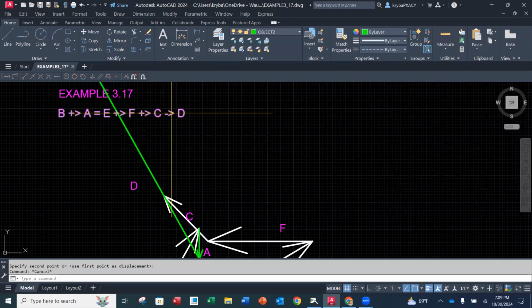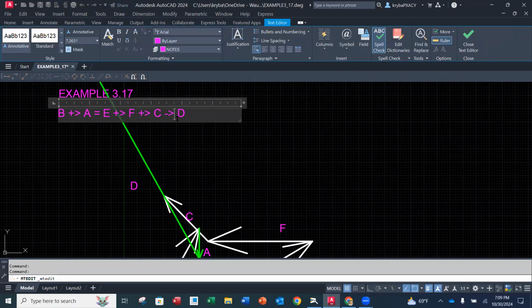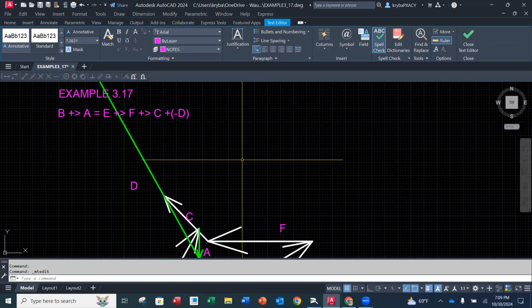So we are going to rename this so that instead of doing a minus vectorially D, we're going to do a plus and then put parentheses, a negative D value, just like we did before. Okay.